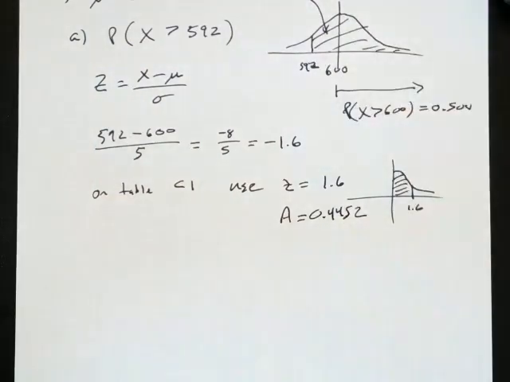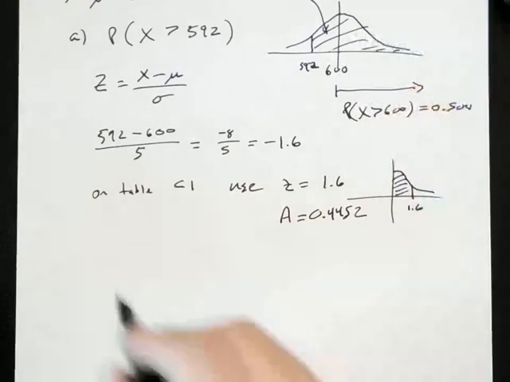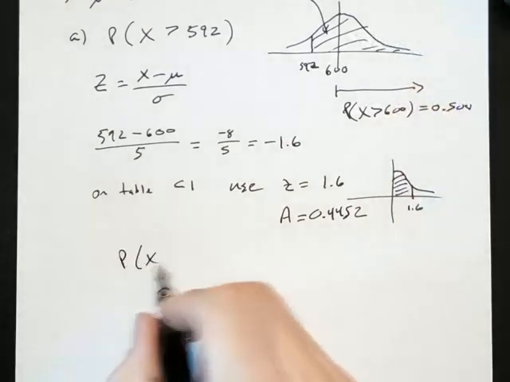So what's this total chance? Wait a second. I didn't quite hear what you said. Say it again. 9, 4, 5, 2. I have to add these two together to get my total shaded area.